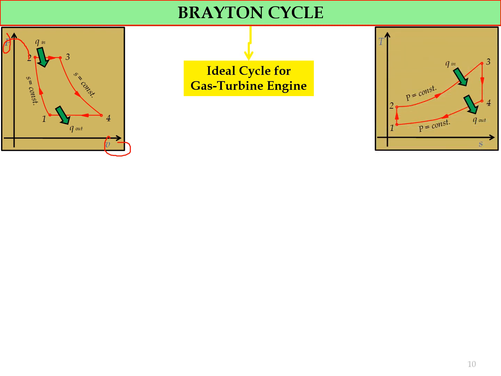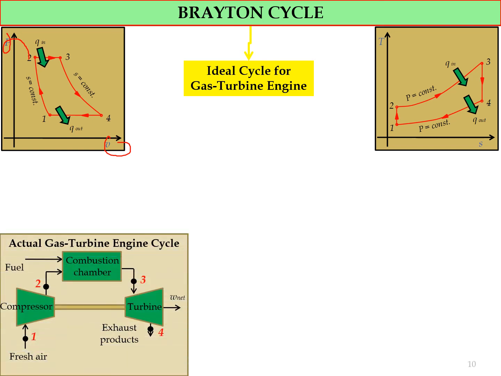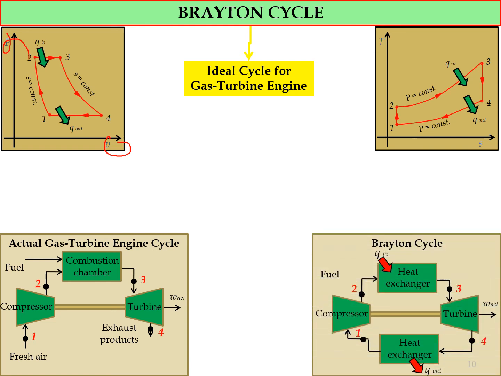And this is the TS diagram. We have two processes, a constant pressure heat addition process and a heat rejection process, from process 2 to 3 and process 4 to 1. And this is the simplified diagram of the actual gas turbine engine cycle. However, in this analysis, we use the Brayton cycle based on the air standard assumption.